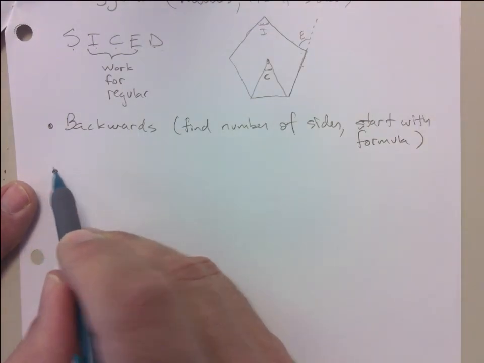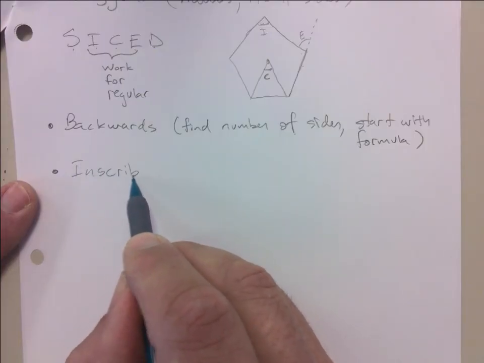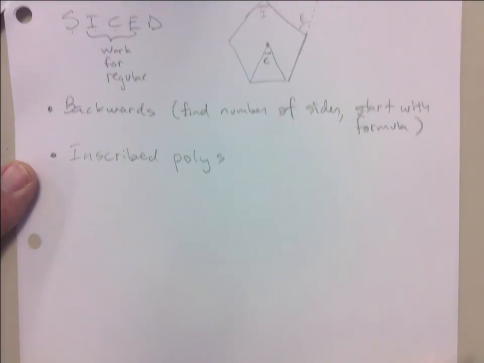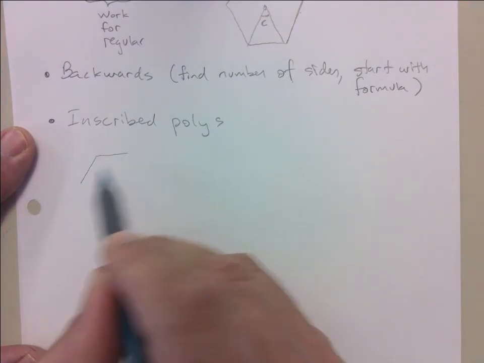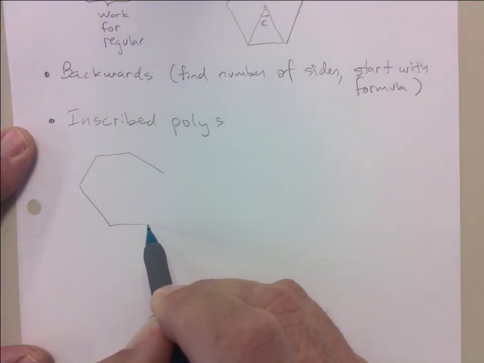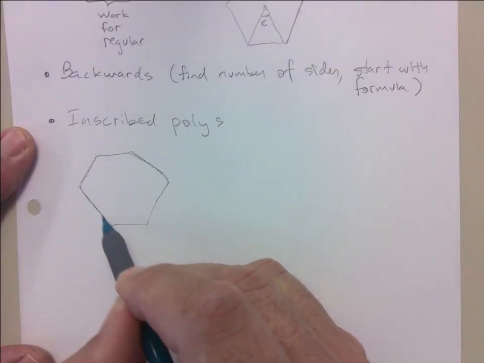Last, but not quite last, this is inscribed polygons, okay? I'm going to try a hexagon. I think I can do a hexagon. So it's basically two trapezoids. Looks like the Superman logo, right?